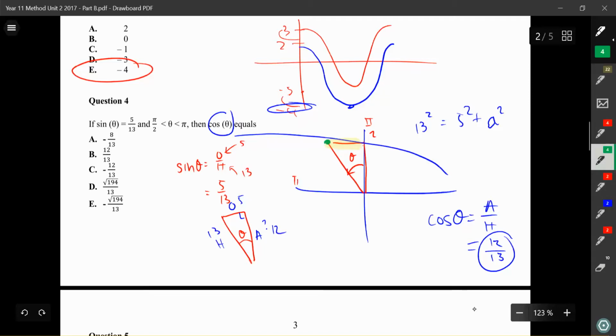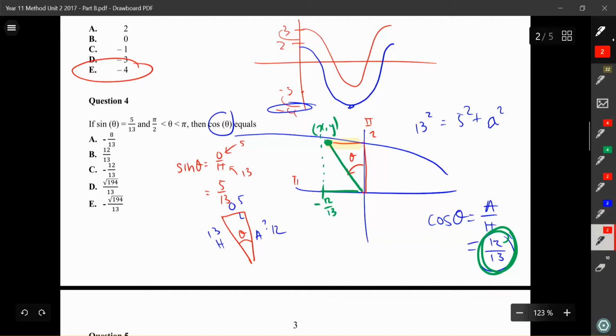So at this point, because we know it was theta starting from pi on 2, this coordinate here, x and y, the x coordinate is clearly a negative value. So we just found out that it's 12 on 13, but keep in mind, it's in the negative x-axis, so it's negative 12 on 13. Okay, so it should be C.